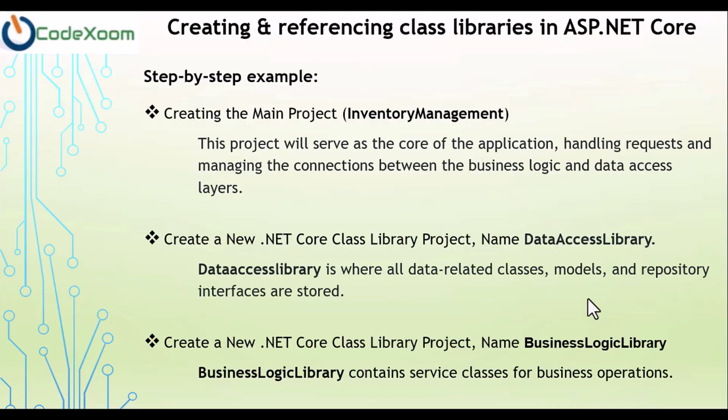Let's review our steps, what we have done. First, we created a main project, that means an ASP.NET Core MVC project named Inventory Management. Then we created a class library named Data Access Library, where we put two folders, one for our models and the other for our repository.